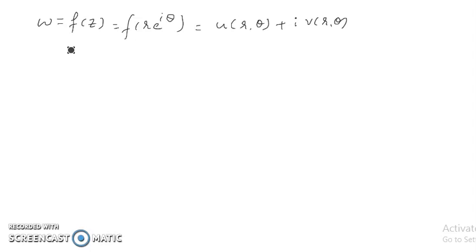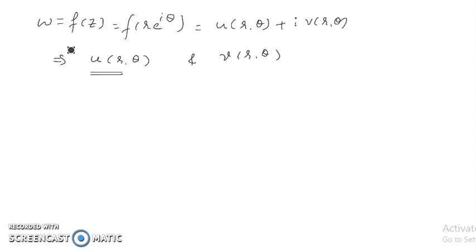So what we are going to do here, we will get either the real part u of r comma theta, or the imaginary part v of r comma theta.